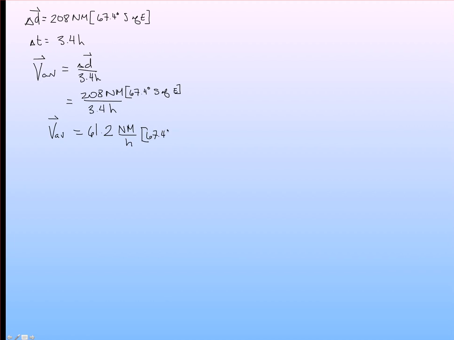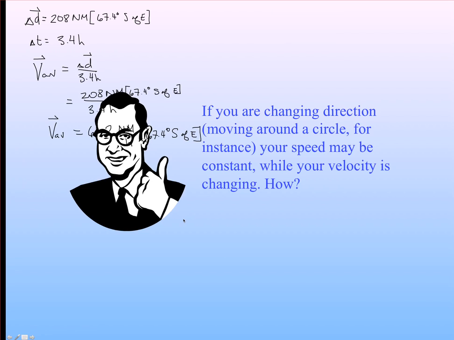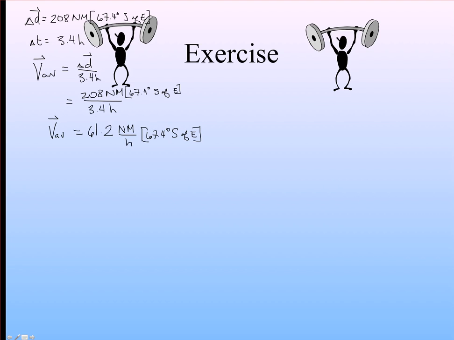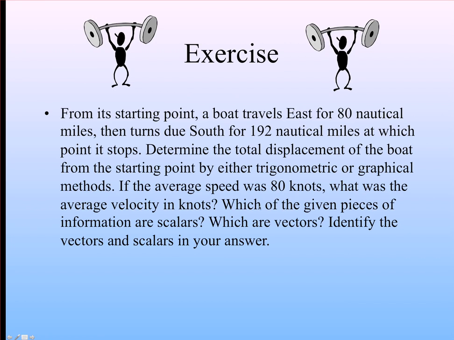In terms of the information given, what's a vector and what's a scalar? Here's one vector, the one displacement, the first leg. Here's another vector, the second leg.